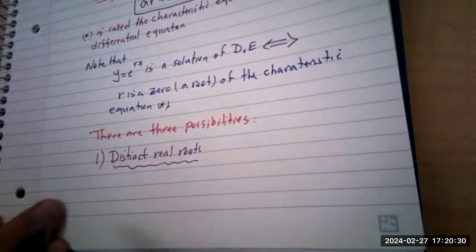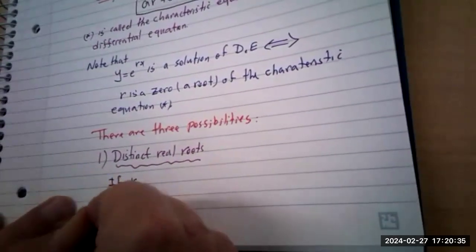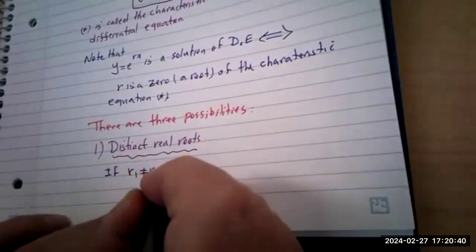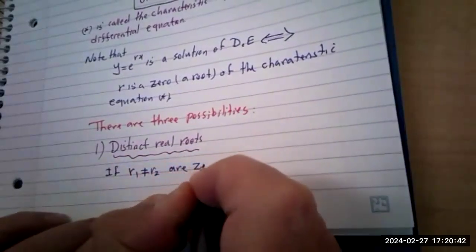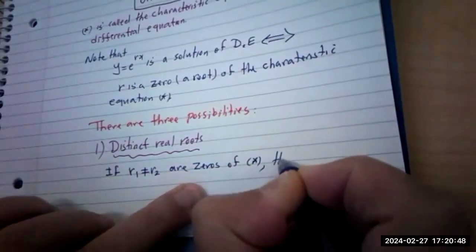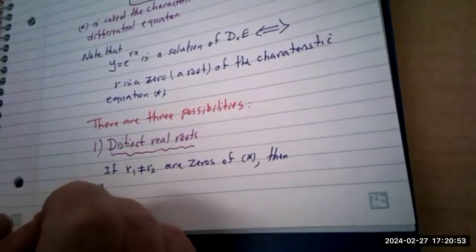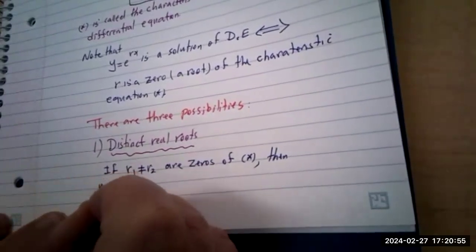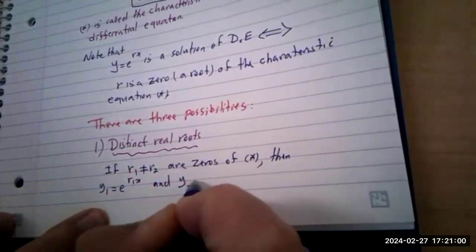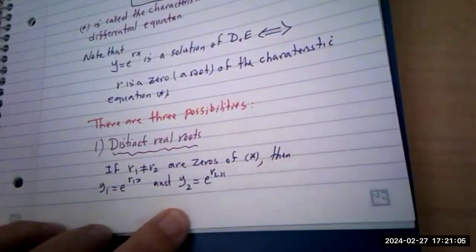Here we are: if r1 is not equal to r2, and r1 and r2 are solutions, zeros of the characteristic equation, then y1 equal to e to the r1x and y2 equal to e to the r2x.